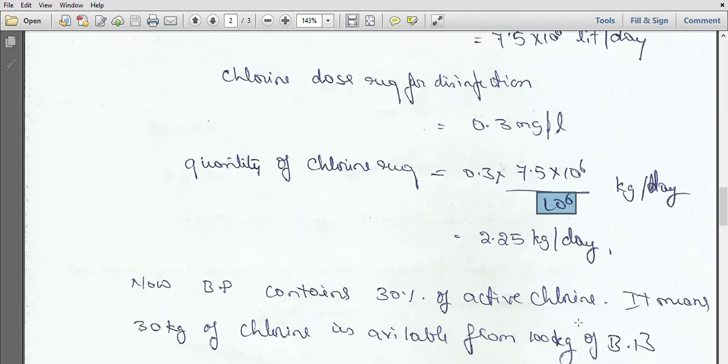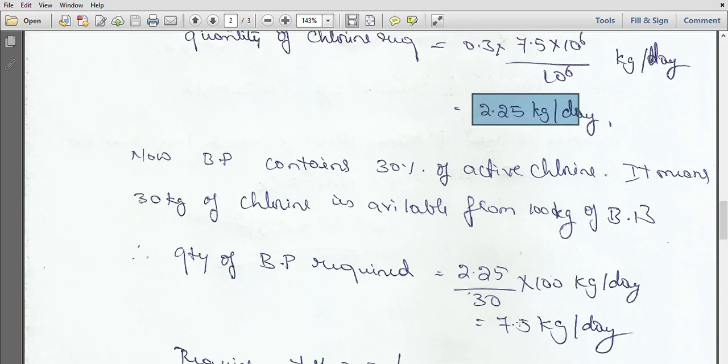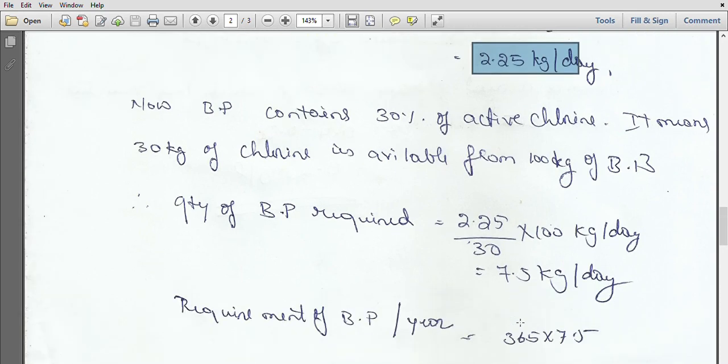Next, similarly, now bleaching powder contains 30% of chlorine. So what does it mean? 30 kg of chlorine is available in 100 kg of bleaching powder. Then how much bleaching powder is required to achieve 2.25 kg of chlorine? So quantity of bleaching powder required is 2.25 into 100 divided by 30, that is 7.5 kg per day.